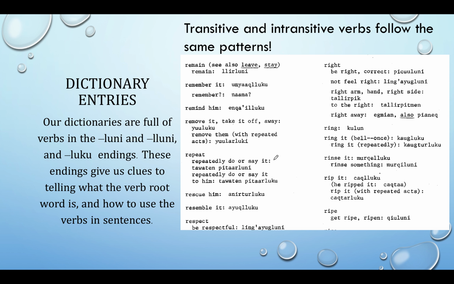So I almost always have to conjugate them or add postbases or endings to these verbs. In the dictionary, they are always going to end with a luni or a lugu ending. And with that ending, you can find out what their root word or stem is, so that you can then conjugate or add postbases to that root word or stem.